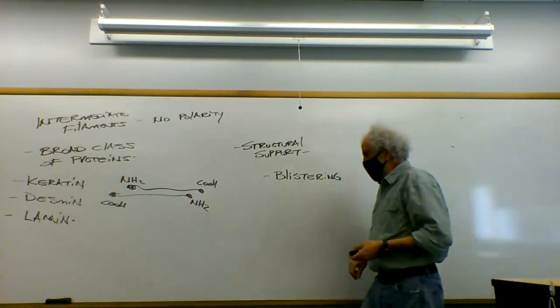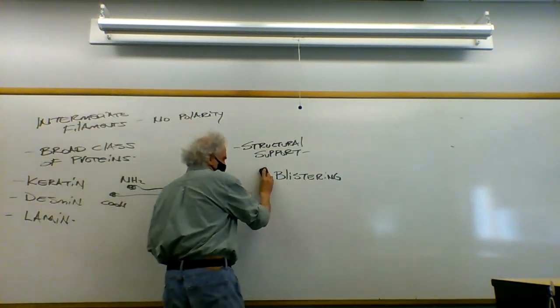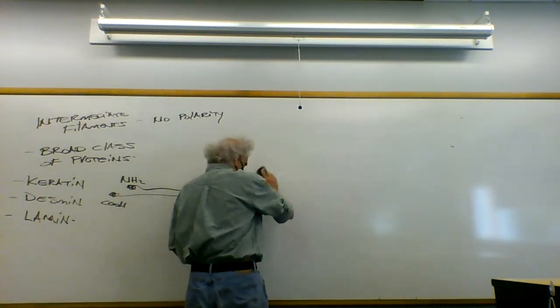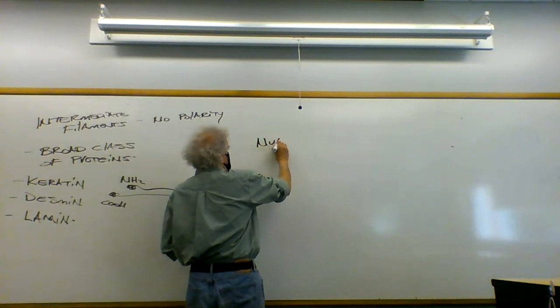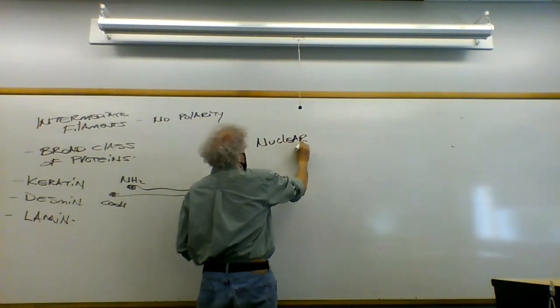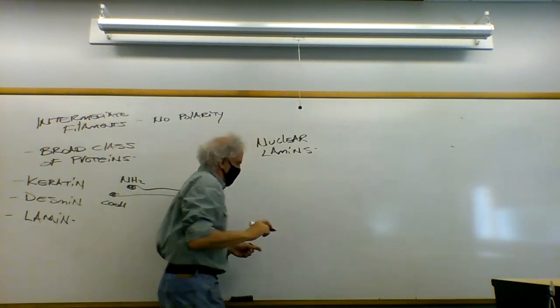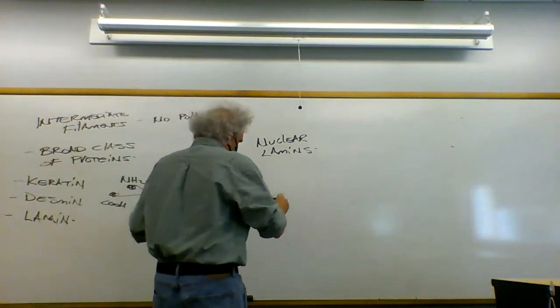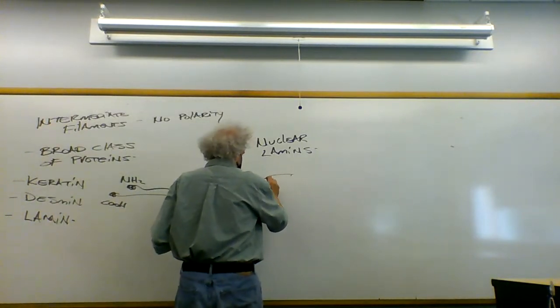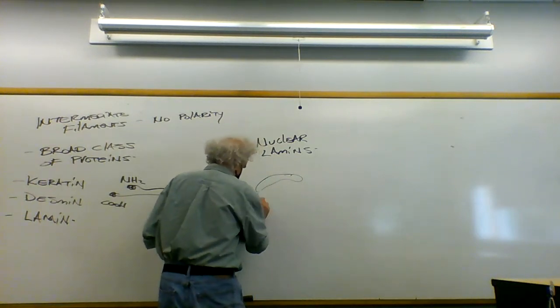Now, underlying the nucleus of every single cell is a class of proteins called the nuclear lamins. And this is an intermediate filament structure that is underneath the lipid bilayer nuclear envelope.